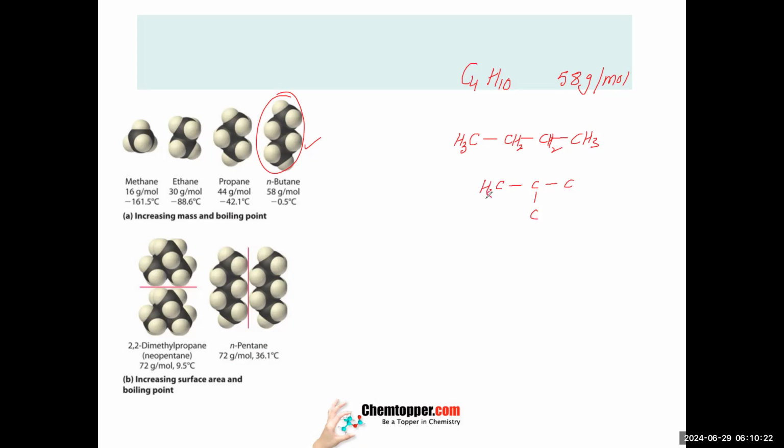You can put hydrogens here, here, here. So what is happening with the branching? It's becoming more spherical. It decreases surface area. So who has higher boiling point? This is normal, meaning straight chain. And this is iso.